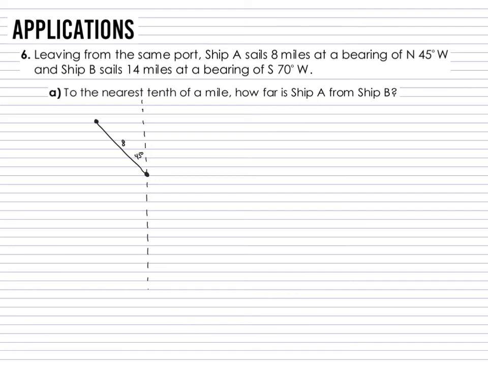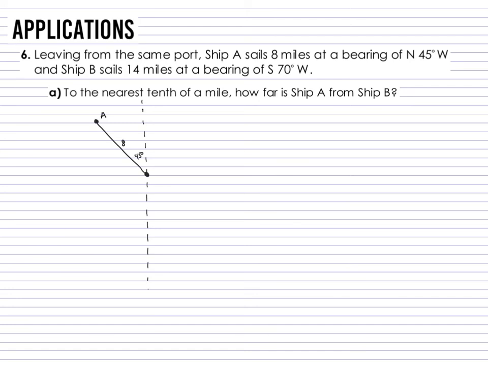Since we're working with the law of sines and the law of cosines, I know I need a triangle, but I don't know exactly what that's going to look like yet. So I'm going to keep going, writing in what I know, and then I'll figure out what I need from there. The second part says that ship B sails 14 miles with a bearing of south 70 degrees west.